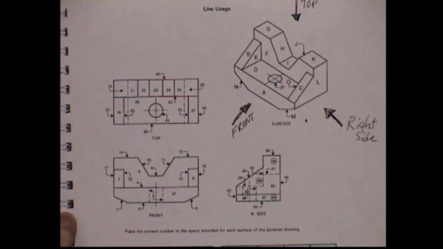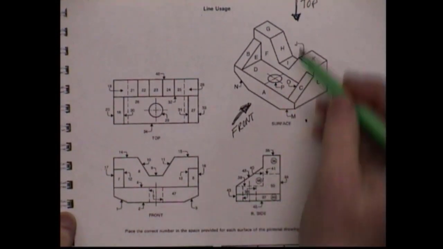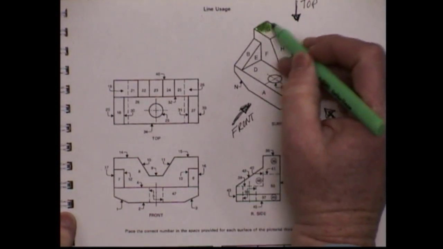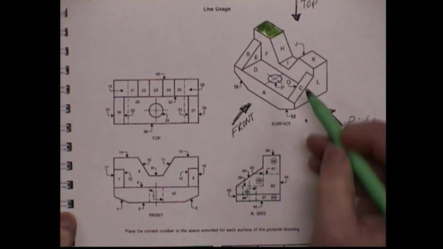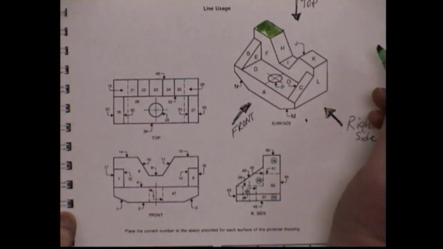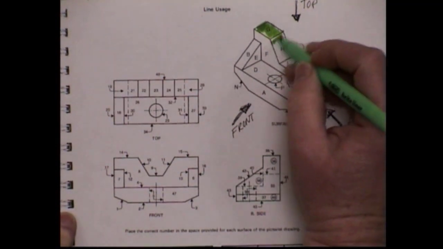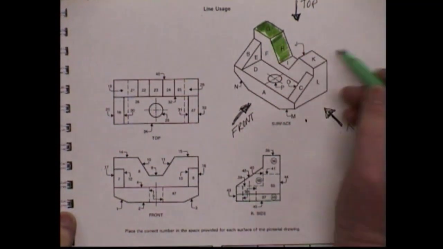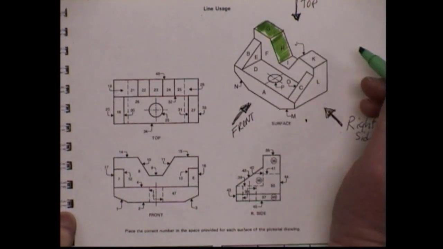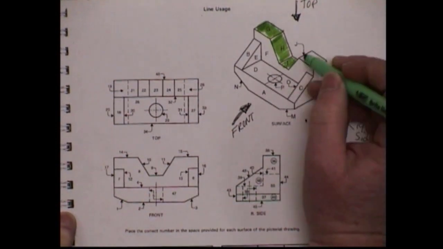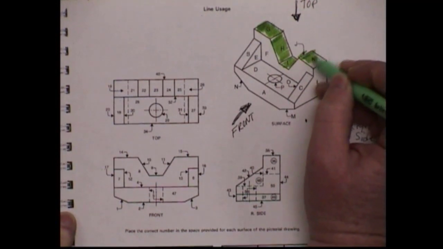You actually do see surface G in the top view. So we can color that one in as a top view. What about H? Do we see it in the top view? Yes, we will. What about I? And then J, K we will see in the top view.